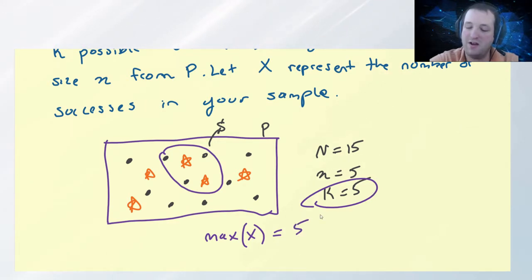So the maximum value that you can have in this particular sample that are successes is 5. But of course, we can make our sample smaller, and then this value x is going to be bounded above by the number of values in our sample.